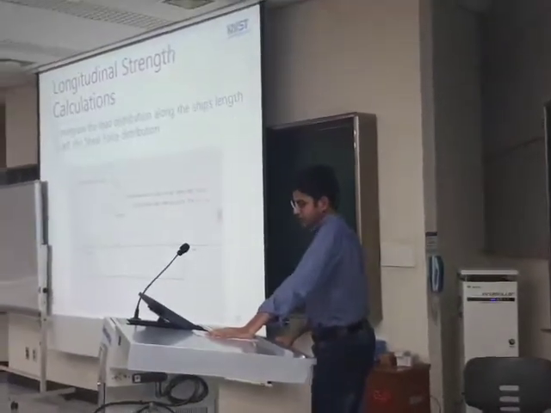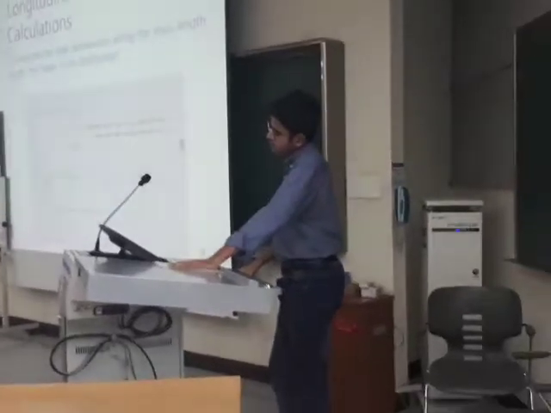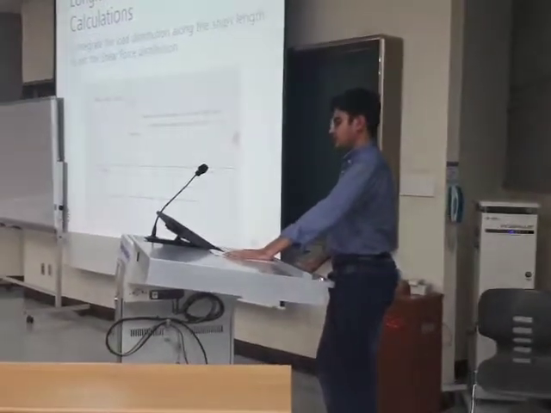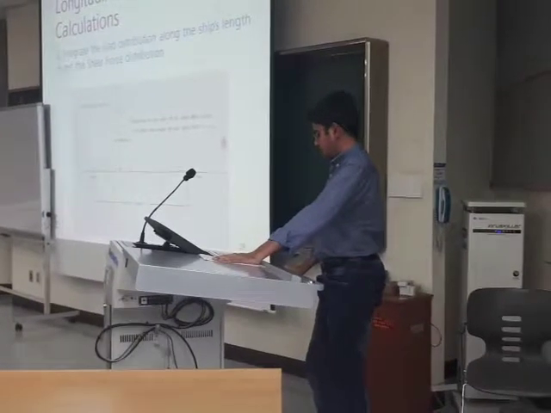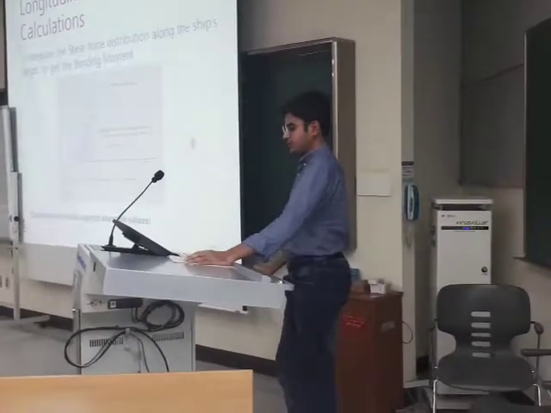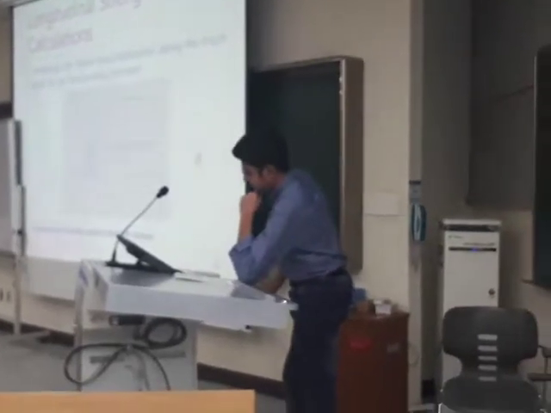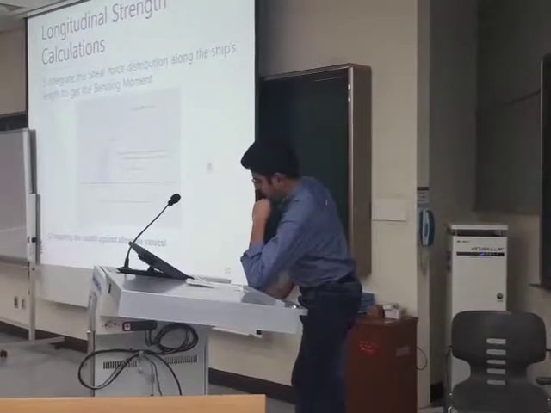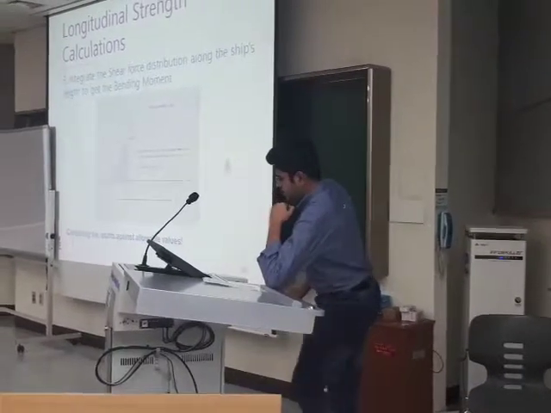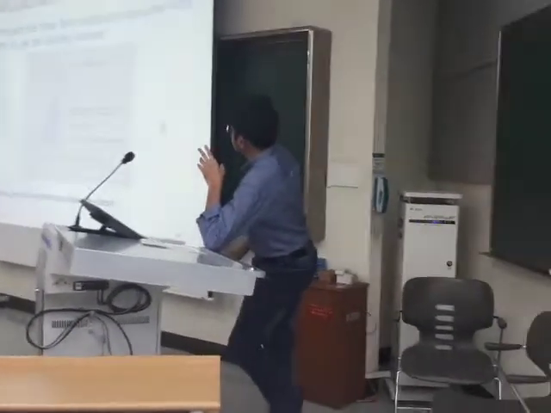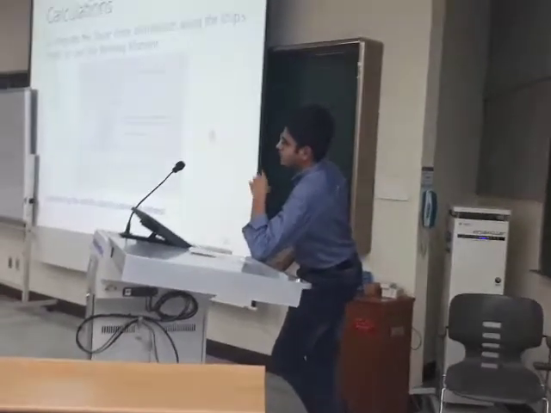So we integrate this load distribution curve to get the shear force distribution, and with the help of the shear force distribution we calculate the bending moment curve, and then we can compare the results with the allowable values, and in this way we can estimate.